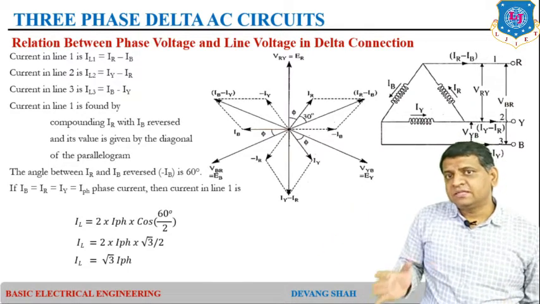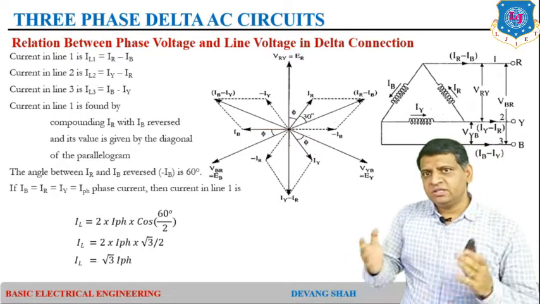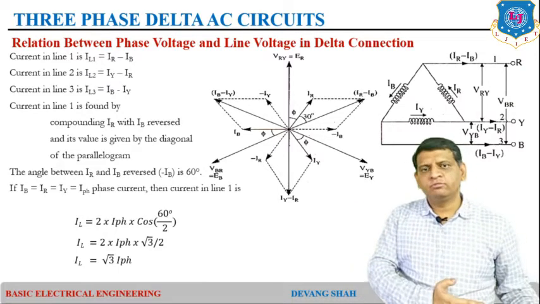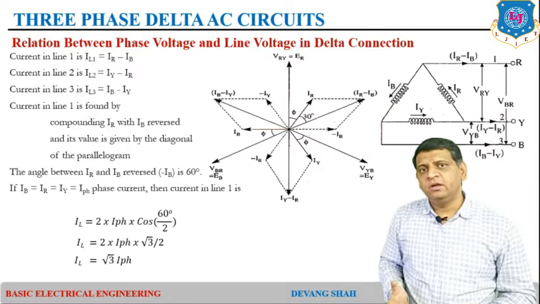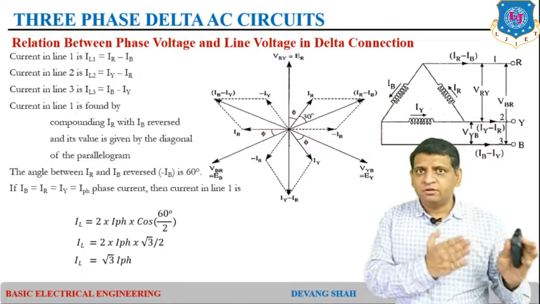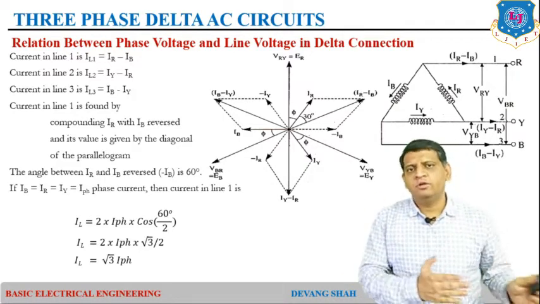So here I can say that for a 3 phase delta network, the line voltage is the same as the phase voltage, and the line current is root 3 times the phase current, right. Again I am going to repeat, for a 3 phase delta network, the line voltage is the same as the phase voltage, and the line current is nothing but root 3 times the phase current, right.